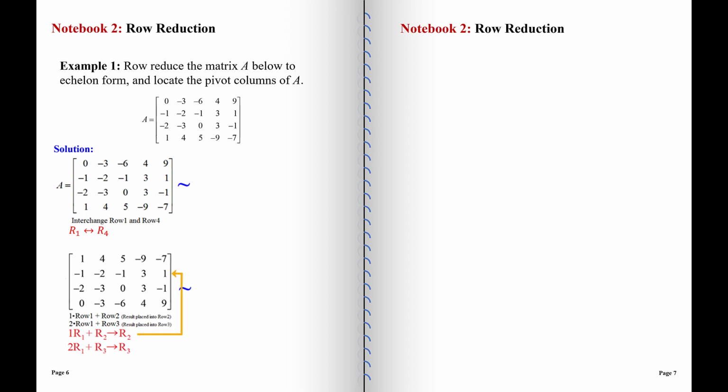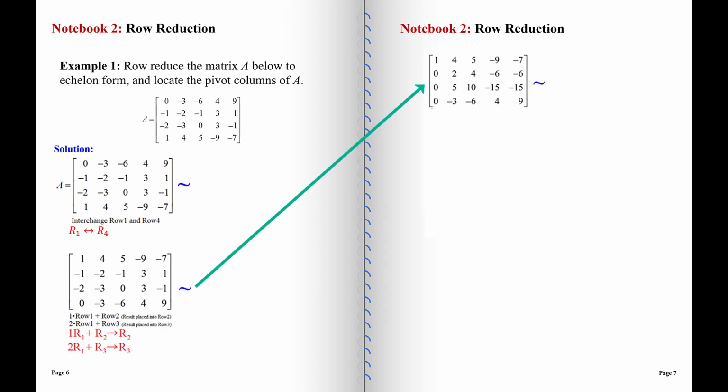Since we're not applying row 2 to change another row, we're going to use row 1 to change rows 2 and 3. So the second elementary operation for this stage would be 2 times row 1 plus row 3, putting the result back into row 3. And as a result, we obtain the following.